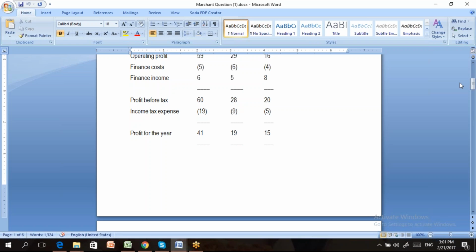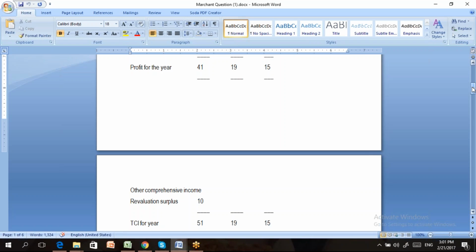Yeah, now look a little bit more. We have a revaluation in the other comprehensive income. In our own parent P&L, we have a 10 million figure. Okay, that's over the page. But can we take the entire 10 million?